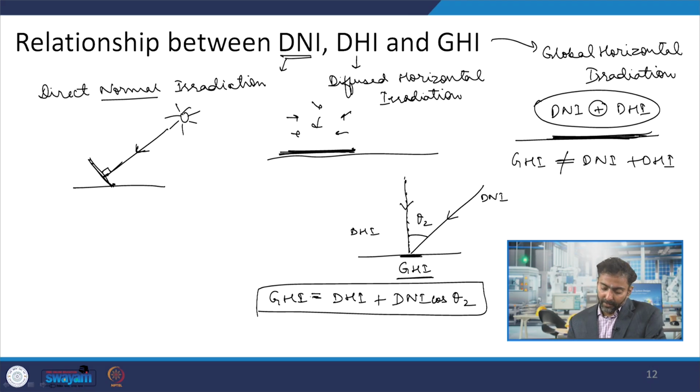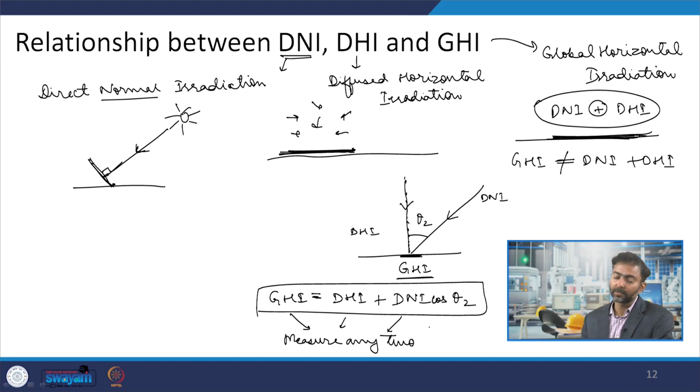And therefore, it becomes very simple now. Out of these three components, I do not need to measure all three. If I can measure any two components, the third one I can find out. We only need to measure any two components. The third one we can simply tell if we can estimate the solar zenith angle.